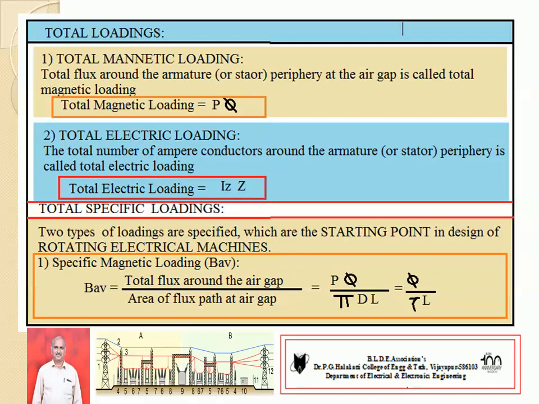So it is given by total flux in the air gap and area of flux path at the air gap. Flux density is flux per area, here total flux divided by total area. So total flux is p pi, area of flux path in the air gap is pi dl. So remember B average, the average flux density, should be equal to p pi divided by pi dl.